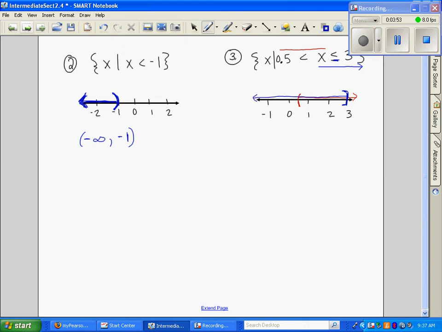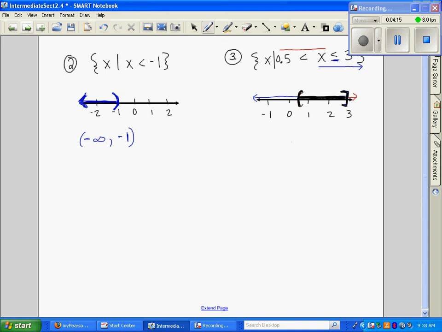Our overall graph of this compound inequality has to be where the two overlap. So I'm going to darken the solution in black. I darken my ending points, and everywhere these two overlap, that's our graph. That's kind of like our work in progress.